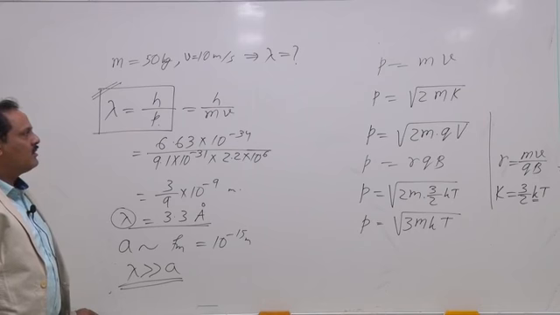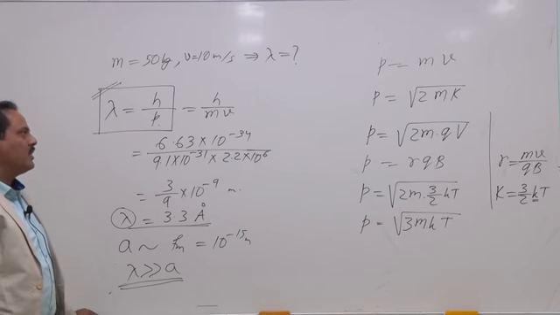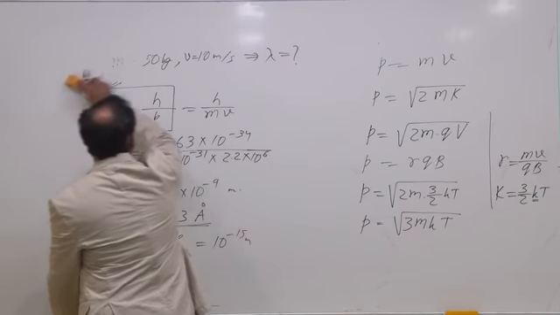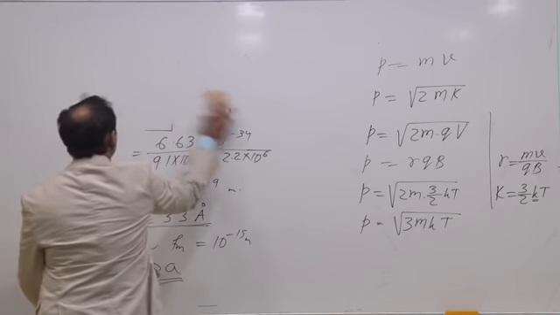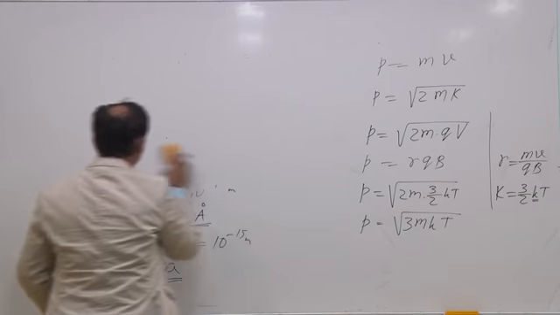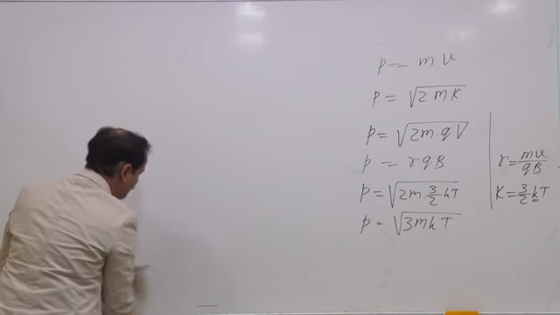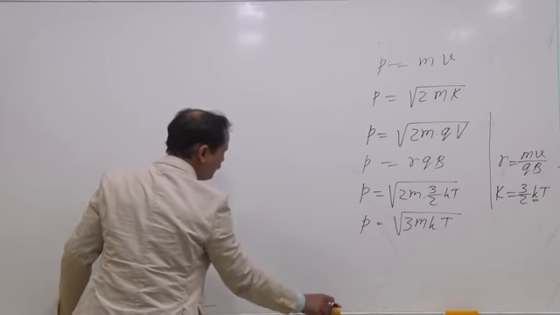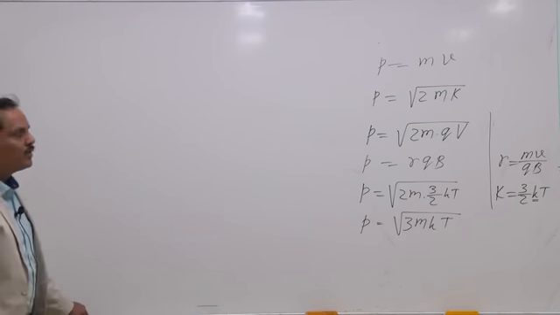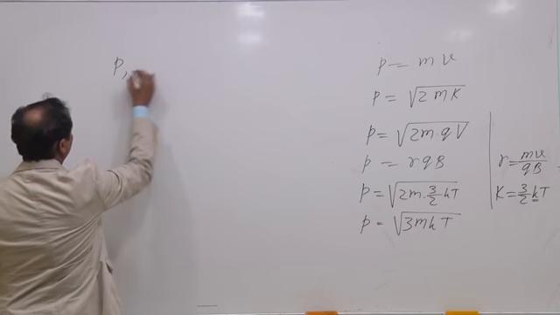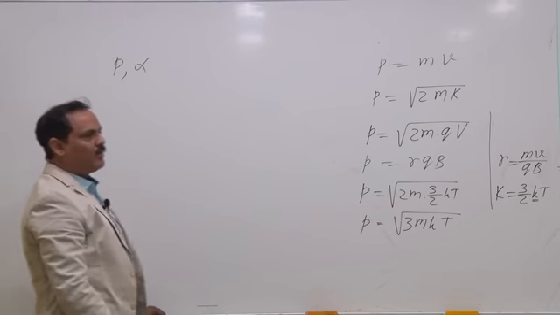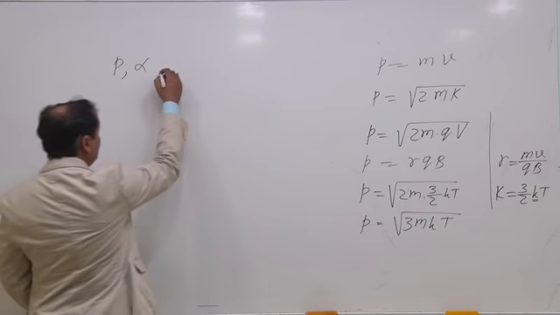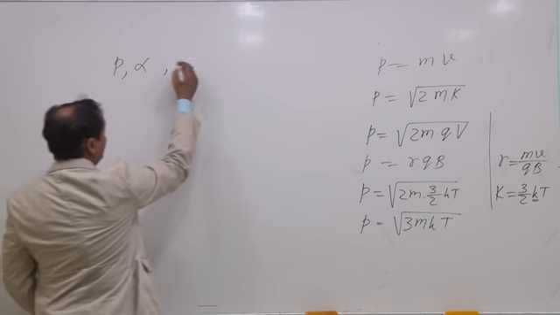Let us see one question, how we could find the de Broglie wavelength. Two particles, a proton and an alpha particle, are moving in a uniform magnetic field with the same kinetic energy.